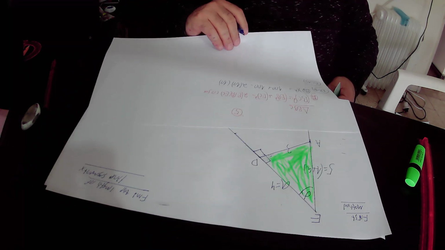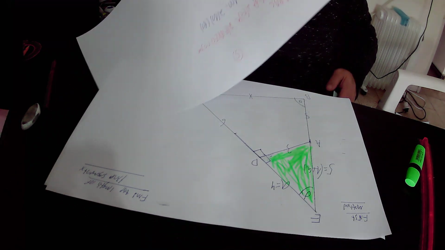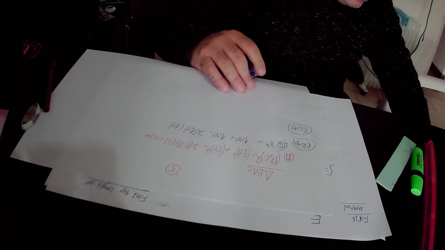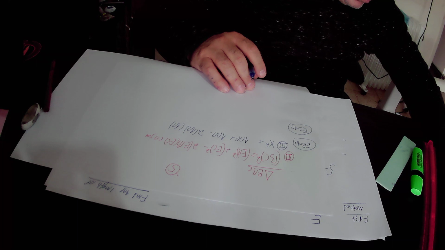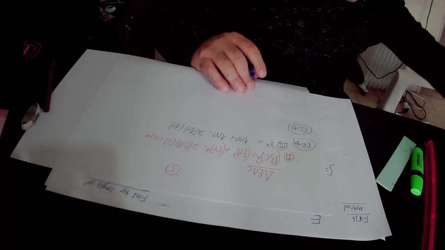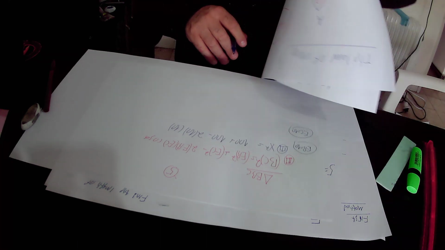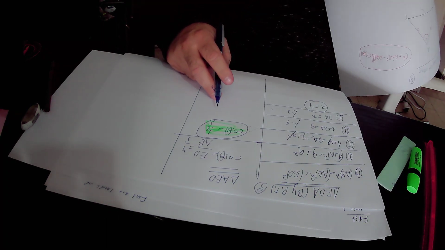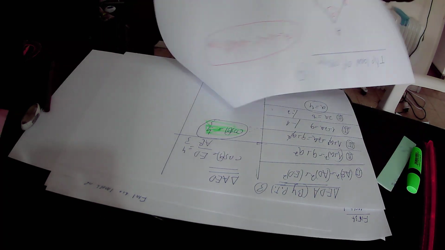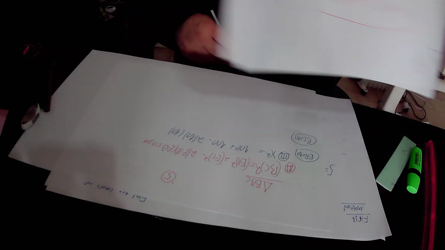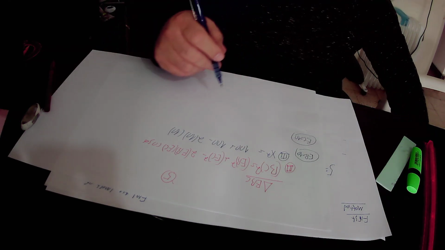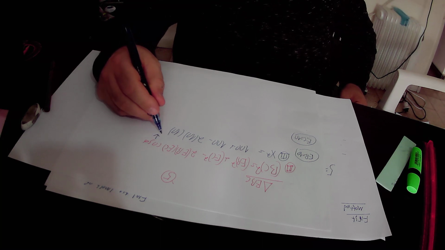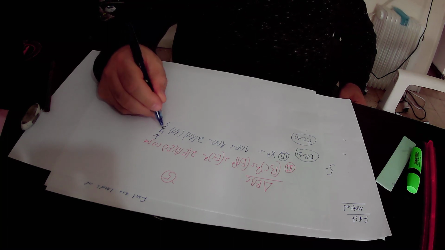And we have already found out that cosine alpha equals 4 over 5. So we can substitute cosine alpha in equation number 3 by 4 over 5.